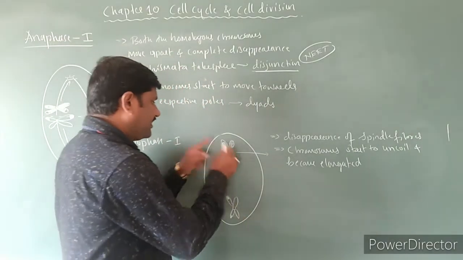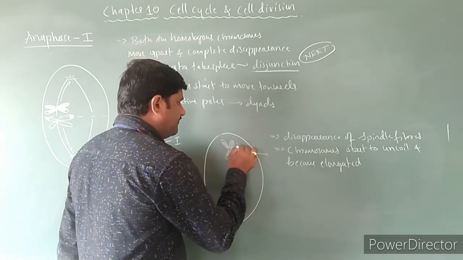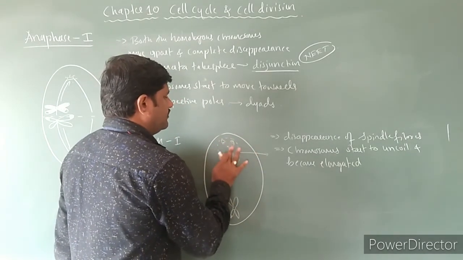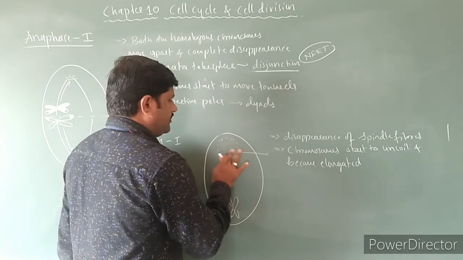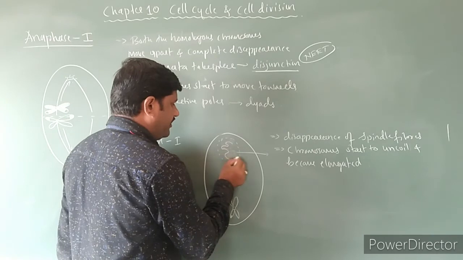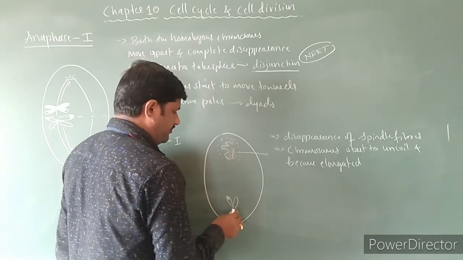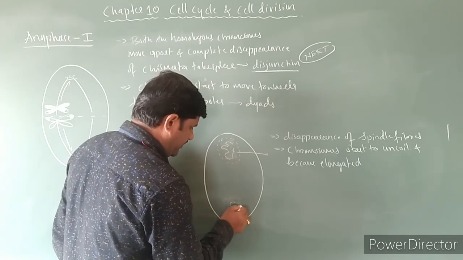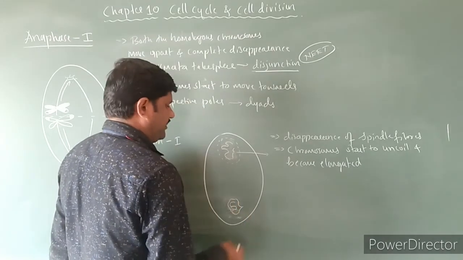And what gradually appears here? The chromosome starts to uncoil and make a thread-like structure here, and here also.